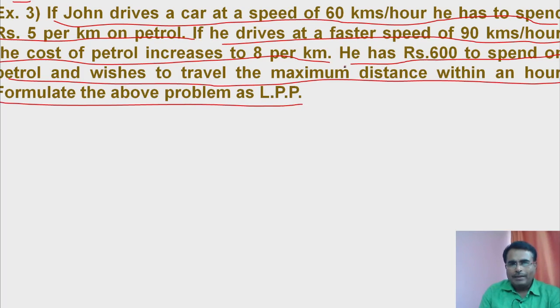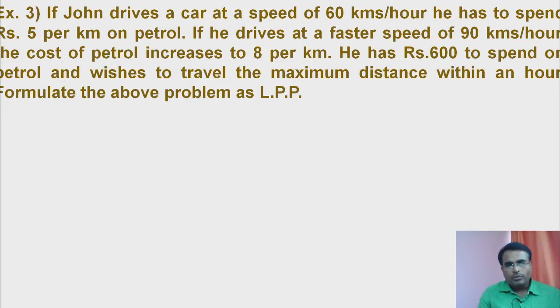Here it is clear that the objective is to maximize the distance by utilizing the given conditions. So, in some problems it is not necessary to form a table. By simple information also we can form it.